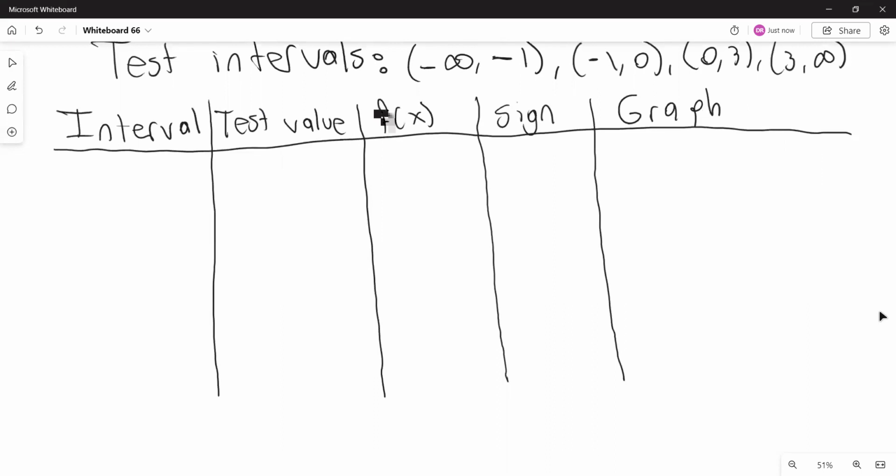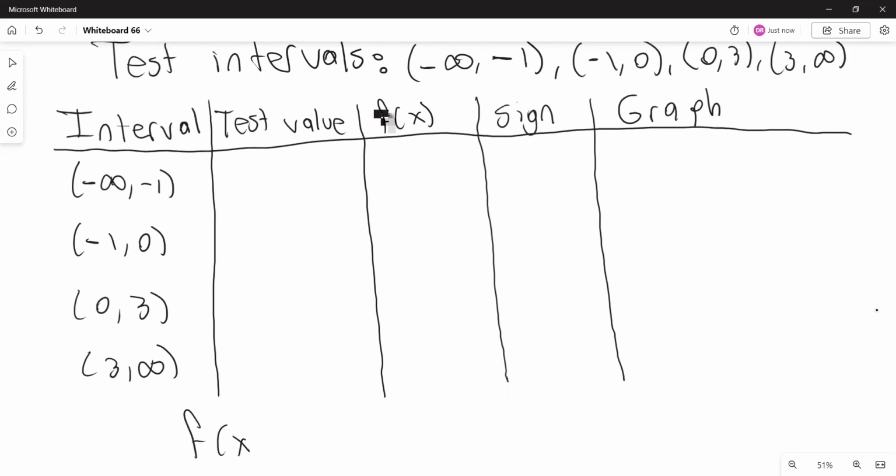Okay, so the intervals are -infinity to -1, -1 to 0, 0 to 3, and 3 to infinity. And if you remember, the function was x squared times (x minus 3) cubed times (x plus 1).